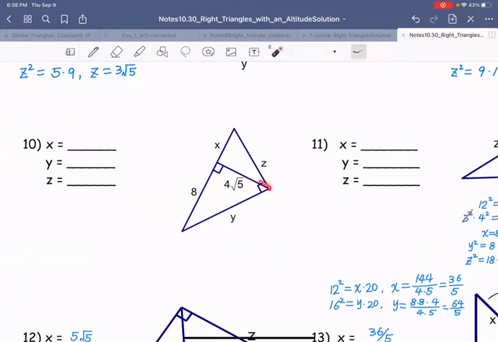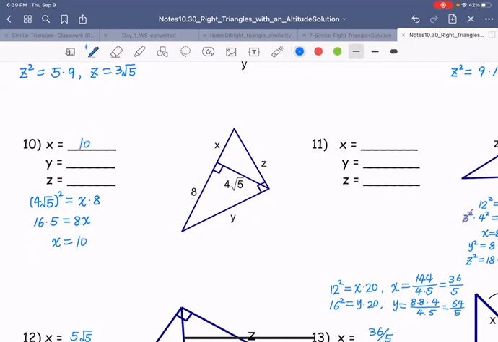You want to see that guy square equals... So 4 times the square root of 5, squared, equals x times 8, or 8x. So 16 times 5 equals 8x. So 80 equals 8x, so x equals 10.